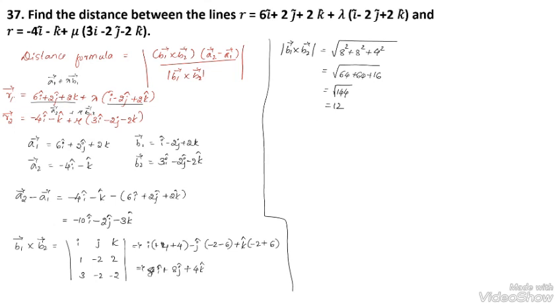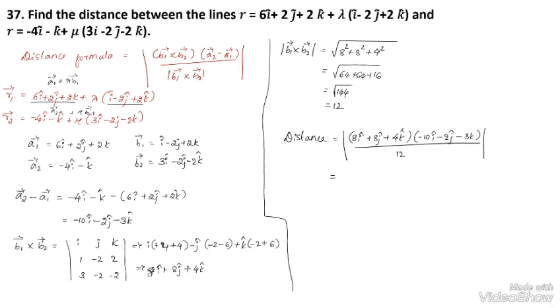Now I can substitute all the values in the distance formula. B1 cross B2 is 8i plus 8j plus 4k, dot (a2 minus a1), which is minus 10i minus 2j minus 3k, divided by 12, the magnitude of b1 cross b2.